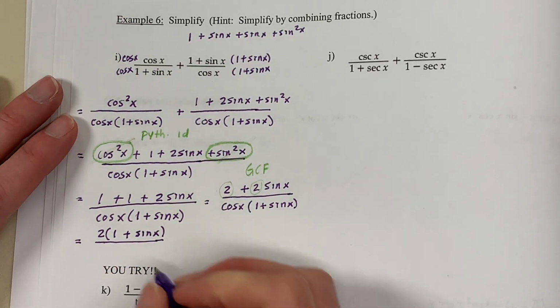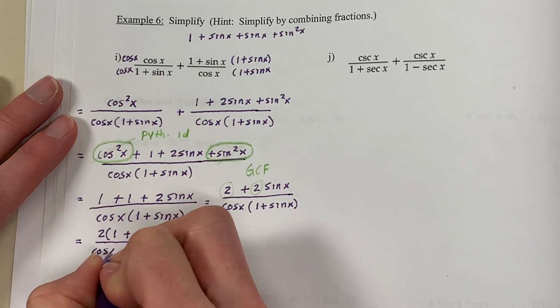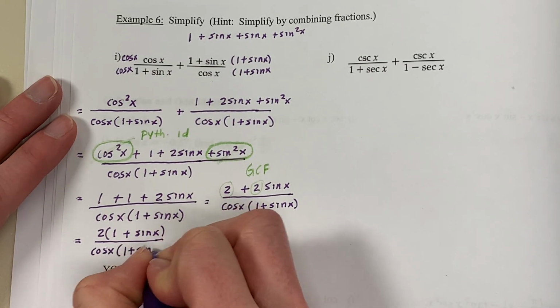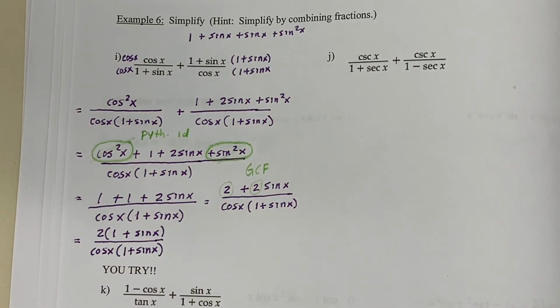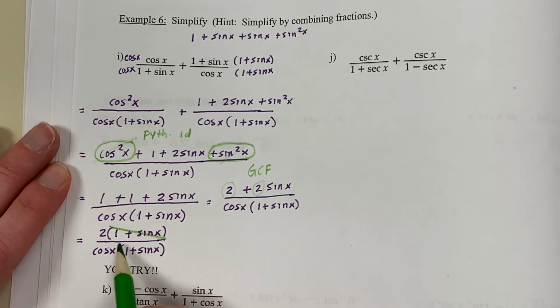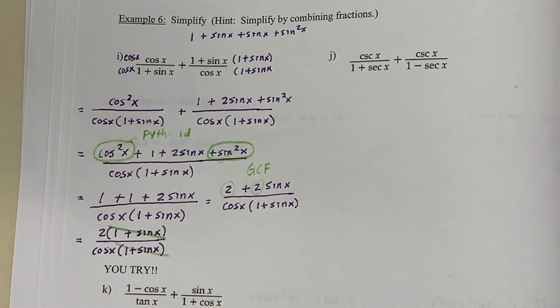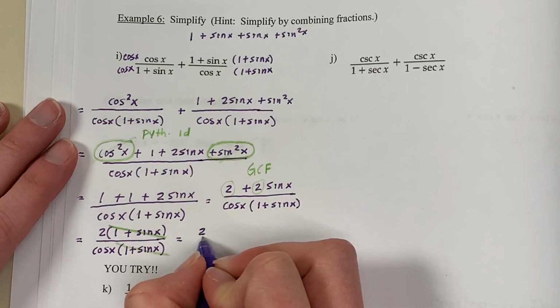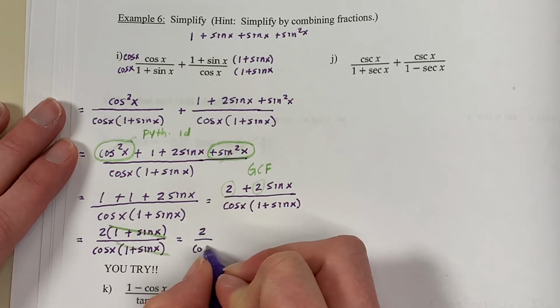And in my denominator, I have cosine x times the quantity 1 plus sine x. Now I have a common term in both the numerator and the denominator. I have 1 plus sine x in the numerator. I have 1 plus sine x in the denominator. So I am left with 2 divided by cosine x.